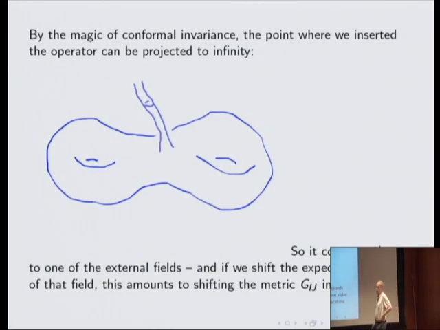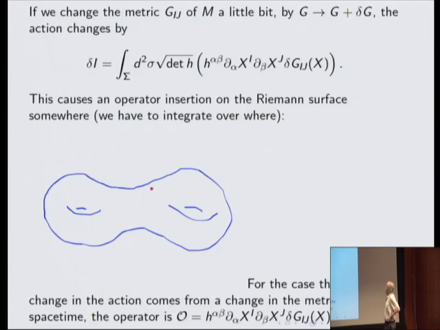The reason we couldn't have done that in field theory is that in one-dimensional general relativity, we don't have an operator-state correspondence. It would still be true that we could change the metric of spacetime, and then our formalism for Feynman diagrams in curved spacetime would change a little bit, and the action would change like so, except it would be integrated on a Feynman graph instead of a surface.